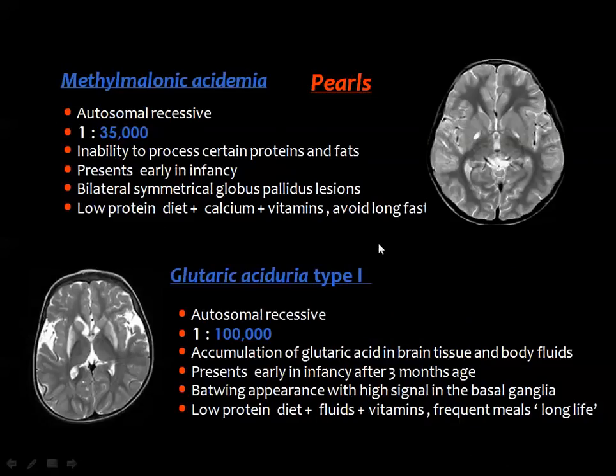And methylmalonic acidemia is also an autosomal recessive disorder. The main problem is the inability to process certain proteins and fats.